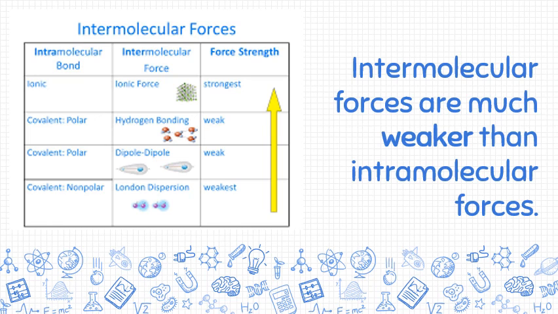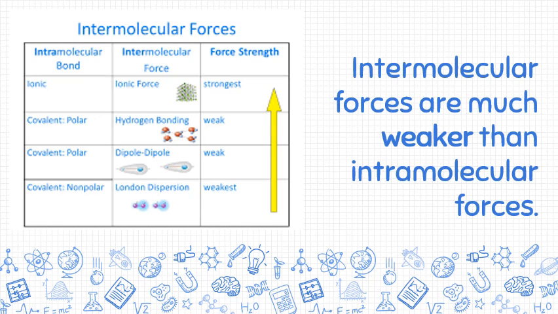So again, our intermolecular forces overall are much weaker than our intramolecular forces. So the forces between molecules are weaker than the forces within molecules. When we're looking at those intermolecular forces, though, even those have different strengths. So our weakest would be the London dispersion forces that can occur between all types of molecules.